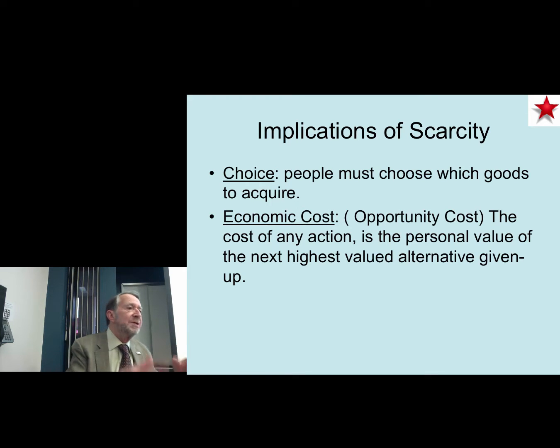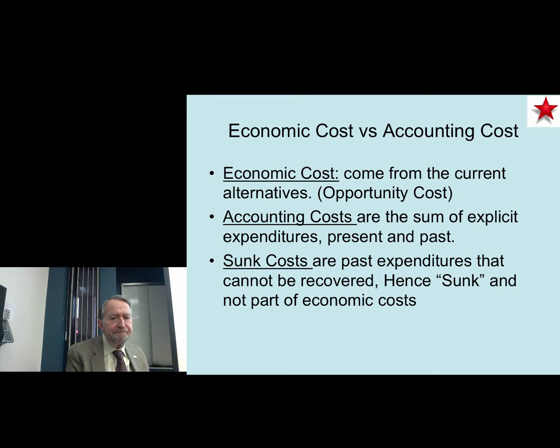If I use the resources to grow wheat, I can't use them to grow soybeans. And so if soybeans is the highest valued other crop, then that's my opportunity cost of planting the wheat. But as I said in my other examples, some of these costs are unknown because you don't do those things. And so you don't know how much value they might have had in that particular way.